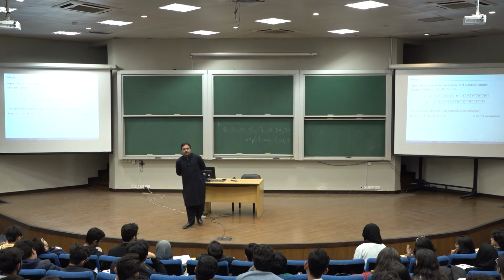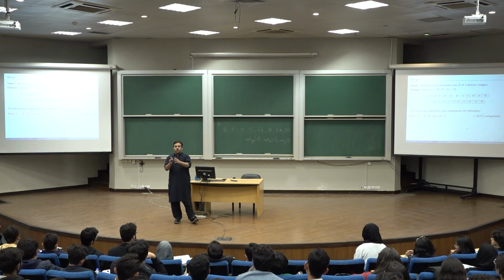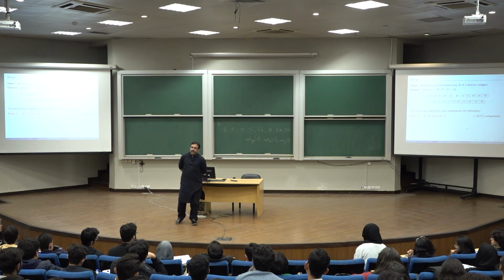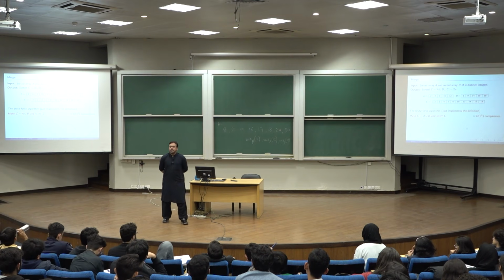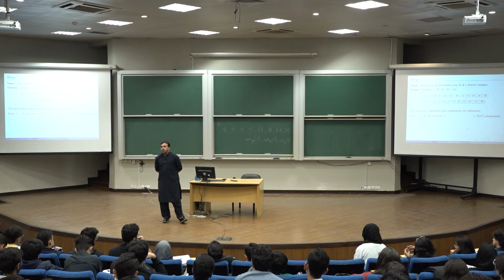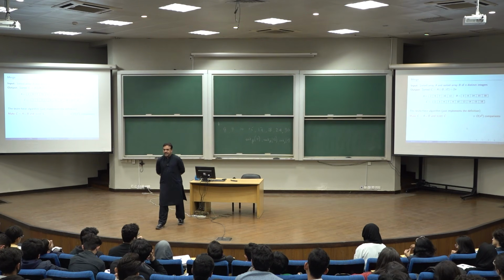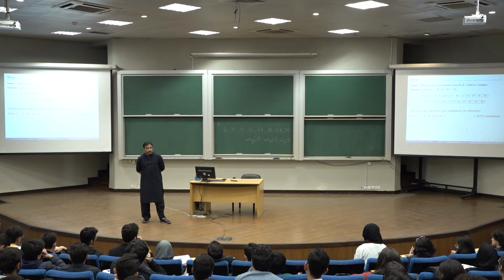Who will be to the left of B2 in C? In C, B2 will be somewhere there, the second element of B. No, rank is a number. I'm saying which numbers will be to the left of B2? One will be B1, yes?